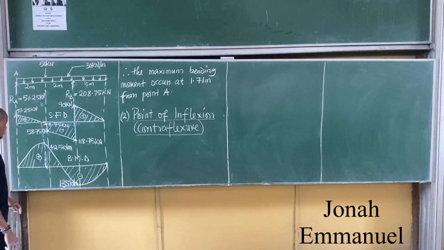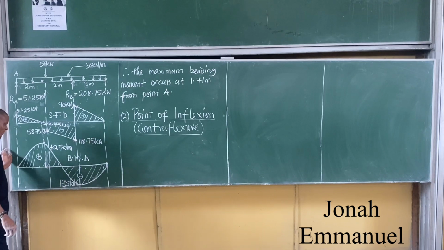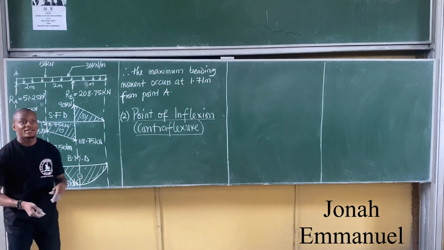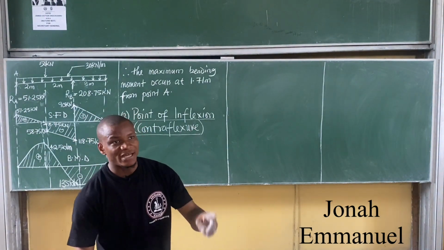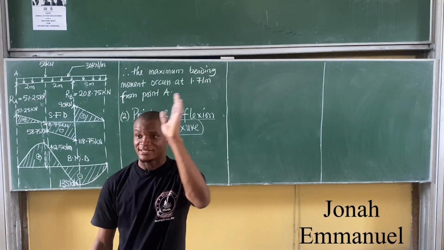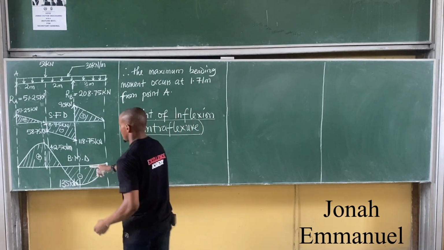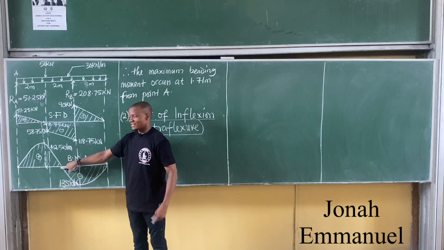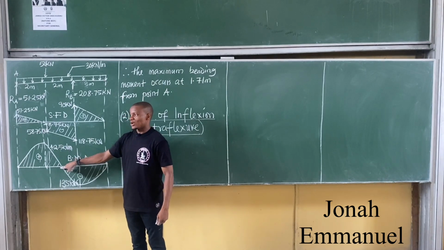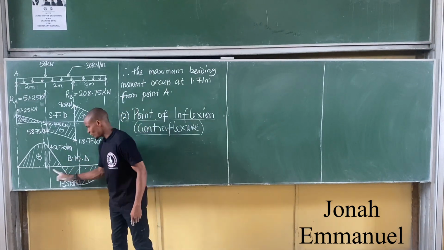So look up. What's the point of inflection? It is simply the point where the bending moment diagram cuts the x-axis. That's it. So where's that point now? Here. That's the point of inflection, where the bending moment cuts this x-axis. We are asked to find this point from here to here.